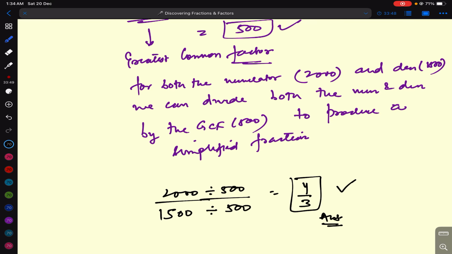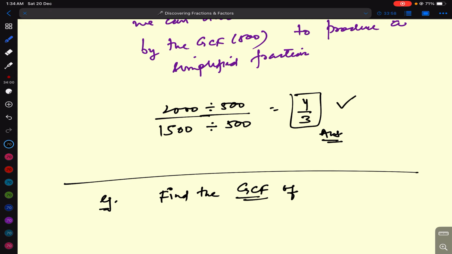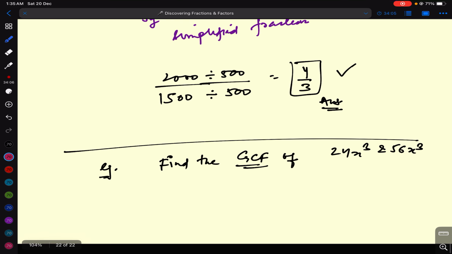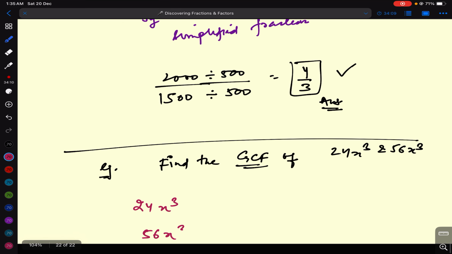Now I'm going to take the last example of finding the GCF of two expressions, which are 24x cube and 56x cube. So when I talk about 24x cube and 56x cube, 24 can be written as 3 times 8. 8 can be written as 2 times 4.